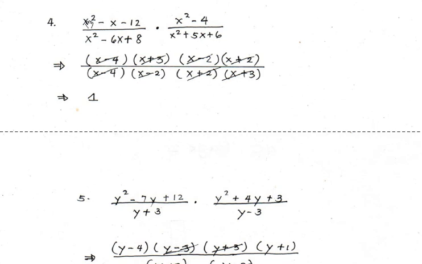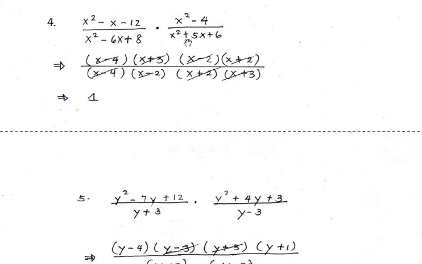So factoring out x squared minus x minus 12 will give us quantity x minus 4 times the quantity x plus 3. Factoring out x squared minus 6x plus 8, we have x minus 4 and x minus 2. Then, factoring out x squared minus 4, x minus 2, and x plus 2.